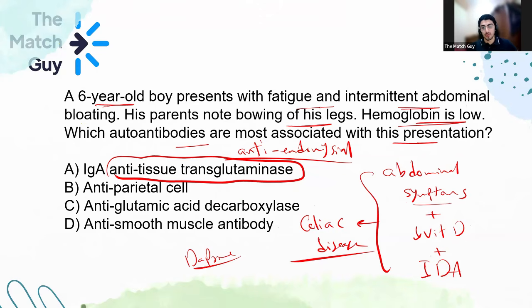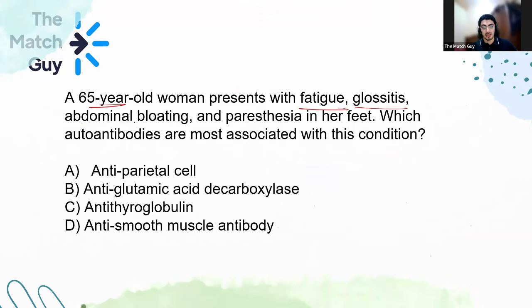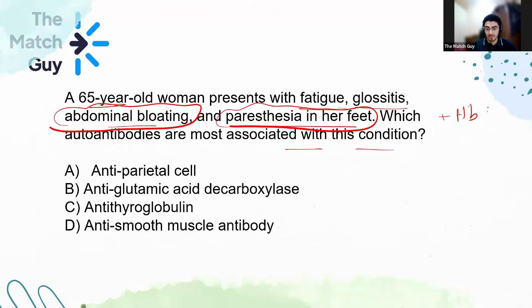A 65-year-old woman presenting with fatigue, glossitis, abdominal bloating, and paresthesia in her feet. Which autoantibody is most associated with this condition? Amazing, guys. So a patient presenting with abdominal symptoms and paresthesia in her feet, and also he might tell you that the hemoglobin is low.